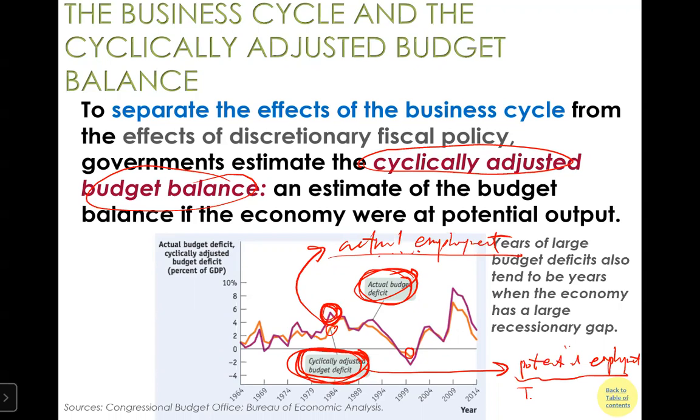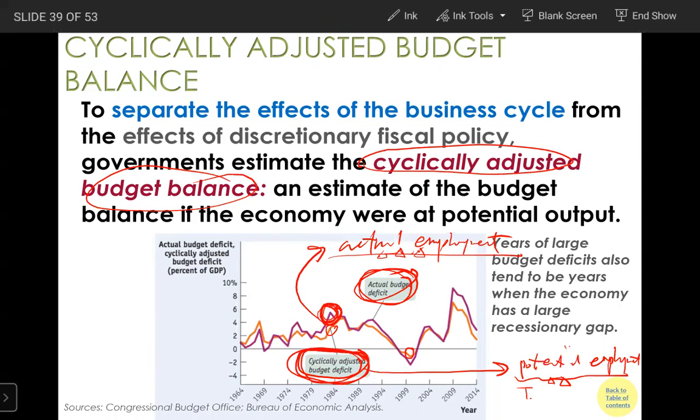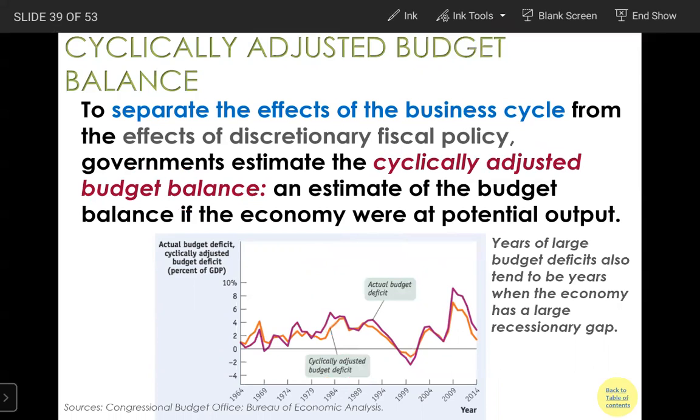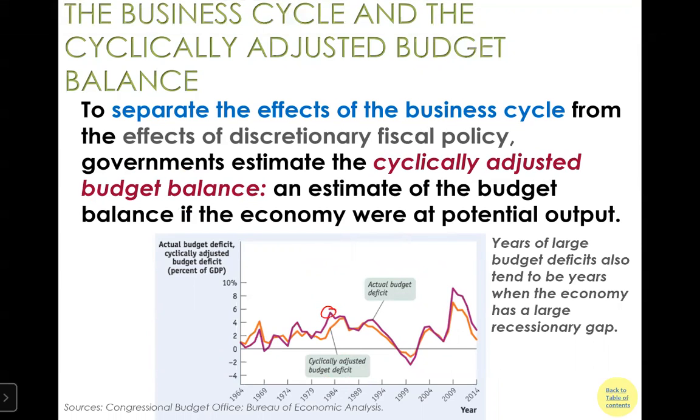So the fiscal deficit will be larger in the actual economy compared to if the economy were running at its potential. That explains the difference between the actual and the cyclically adjusted.